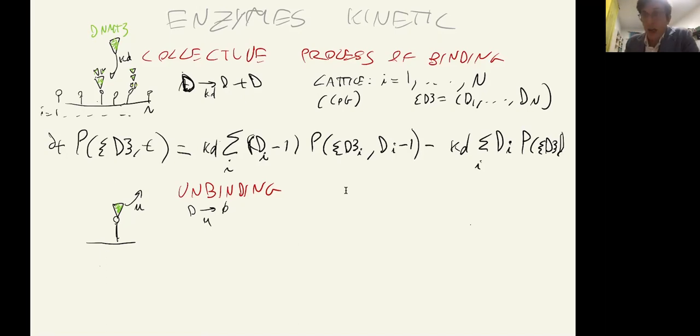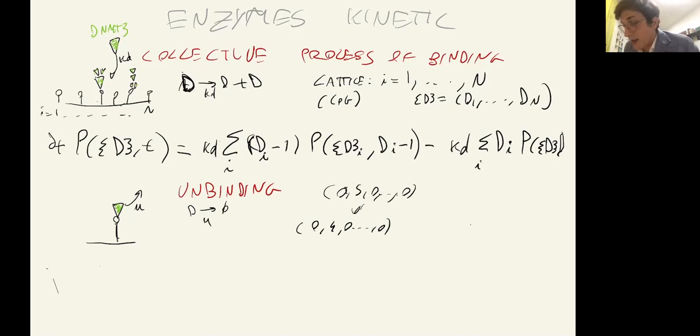The same thing you can look for unbinding. Well, this is a very similar process, but the binding is the opposite. So how do you get, for example, to 0, 4, 0, 0, 0? Well, you get there from 0, 5, 0, 0. Because when an enzyme is unbound with a rate U, then from 5 at a position I, you get to 4.